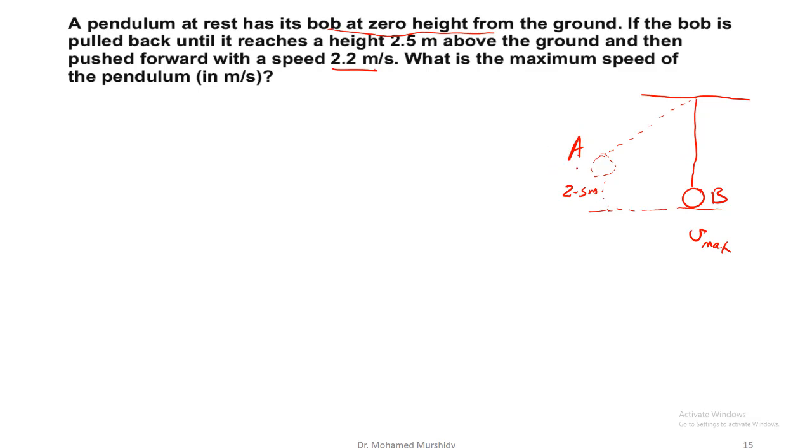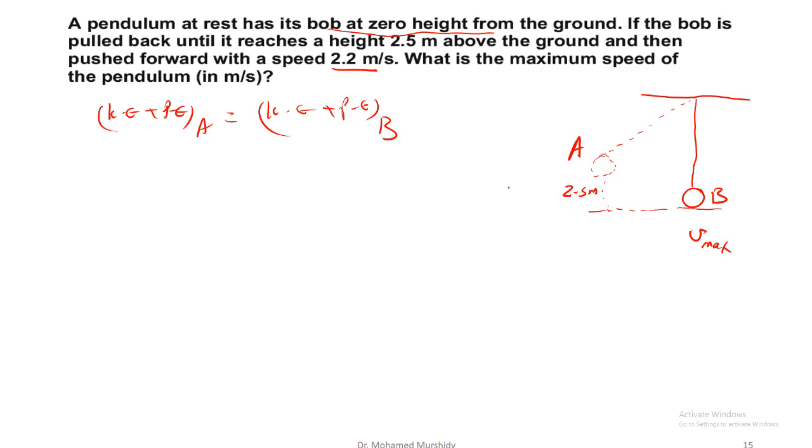Then the kinetic plus the potential, this is the conservation of the mechanical energy. The kinetic plus the potential at point A equal the kinetic plus the potential at point B. Let us just write the equation. So kinetic plus potential at point A equal the kinetic plus the potential energy at point B.